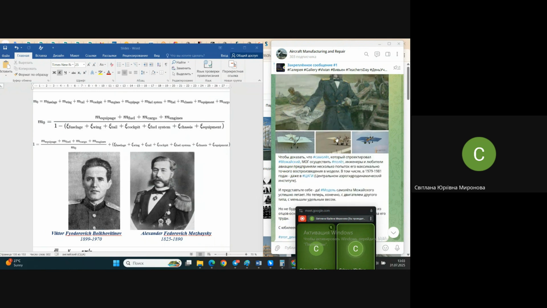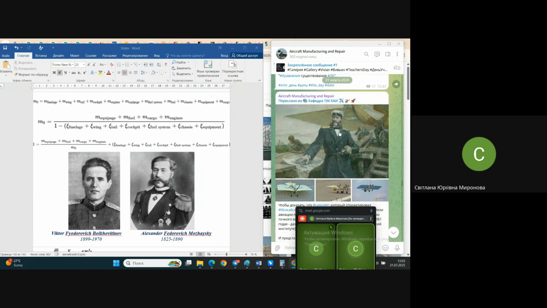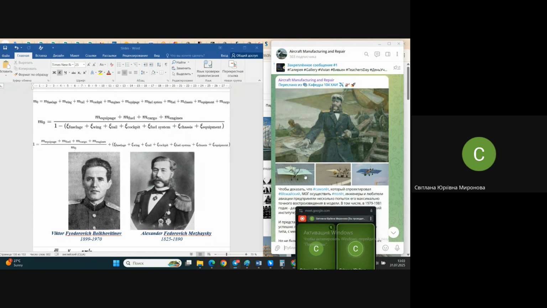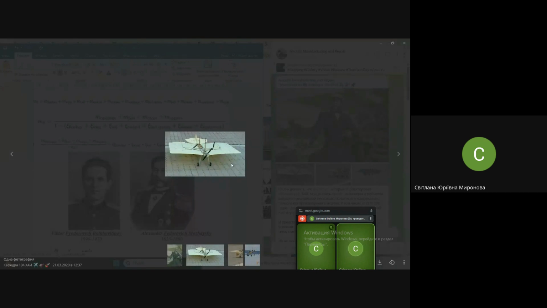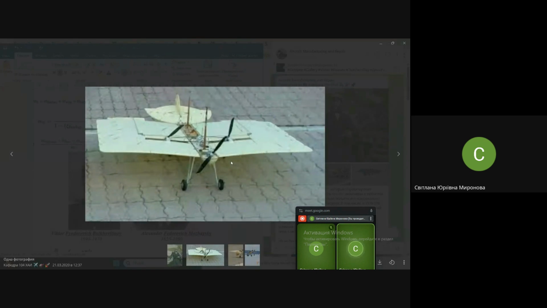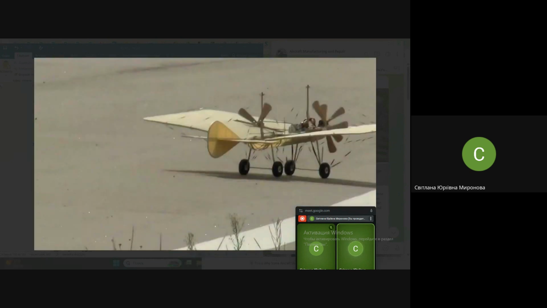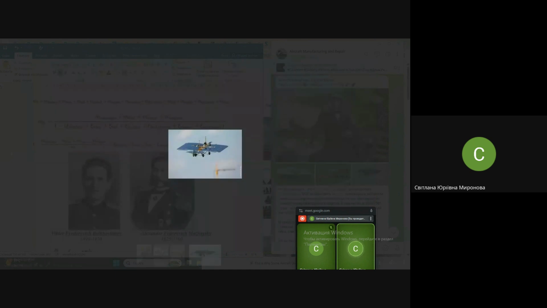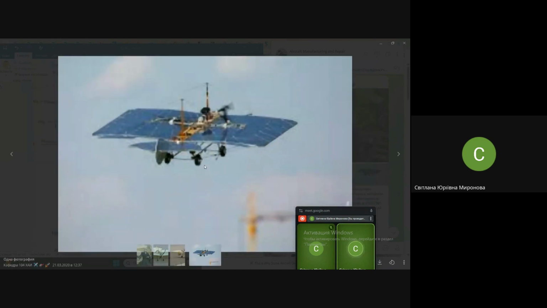And what is the formula I will explain to you, and the last couple of words about Mozhaysky, I already said it sometimes. What you see right now are so-called RC models. These RC models are exact copies. Of course, they are scaled copies, but exact copies of the Mozhaysky airplane.